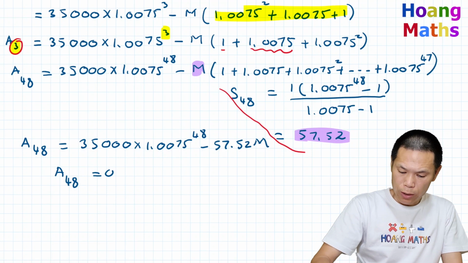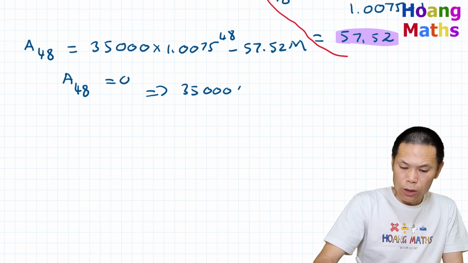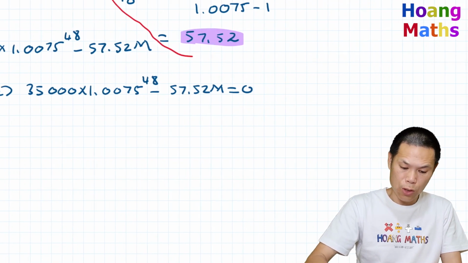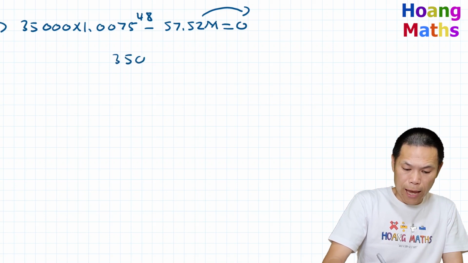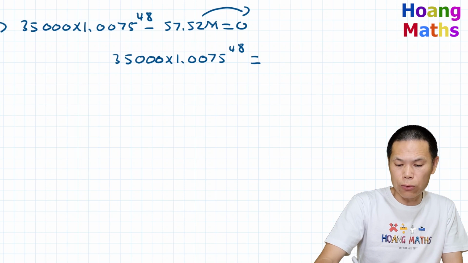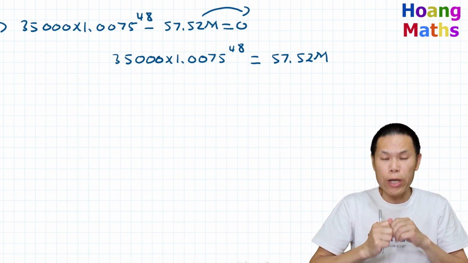A48 is 0. So this means that 35,000 times 1.0075 power 48 minus 57.52 M is equal to 0. So I move this to that side. So 35,000 times 1.0075 power 48 is equal to 57.52 M. So I divide both sides by 57.52.